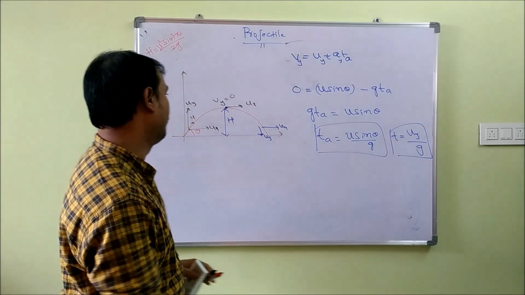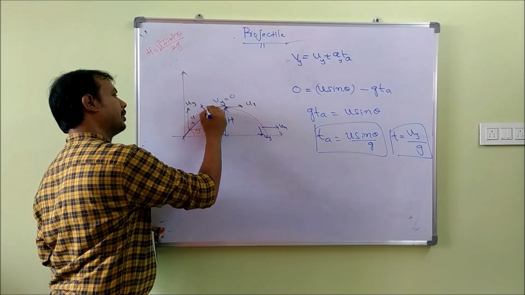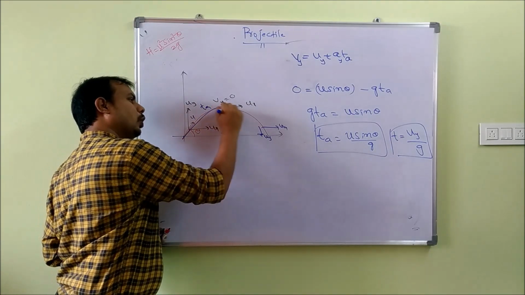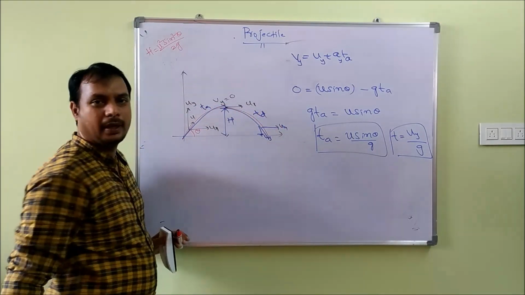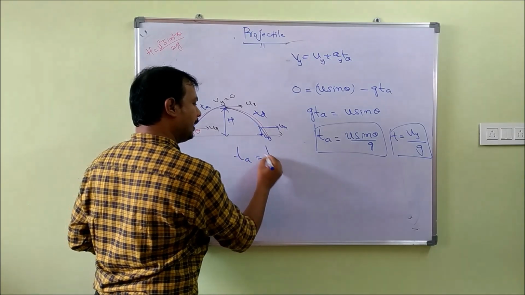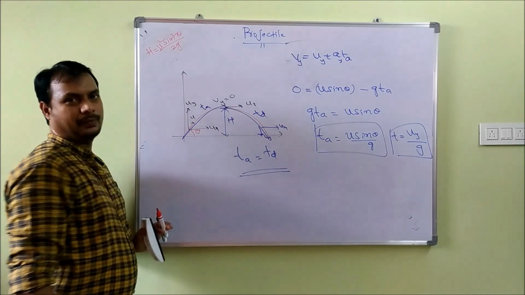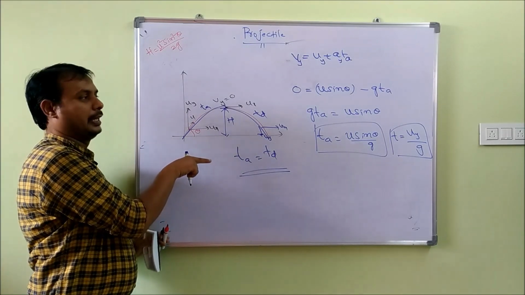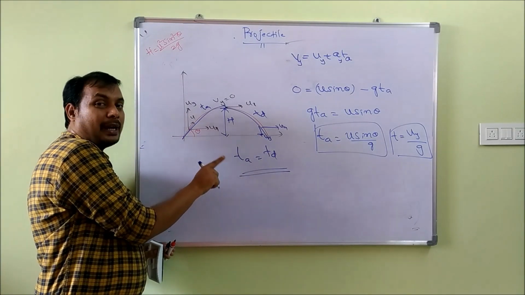Here to here, the time of ascent. Maximum height to ground, time of descent. If you ignore the air resistance, time of ascent is the same as time of descent.